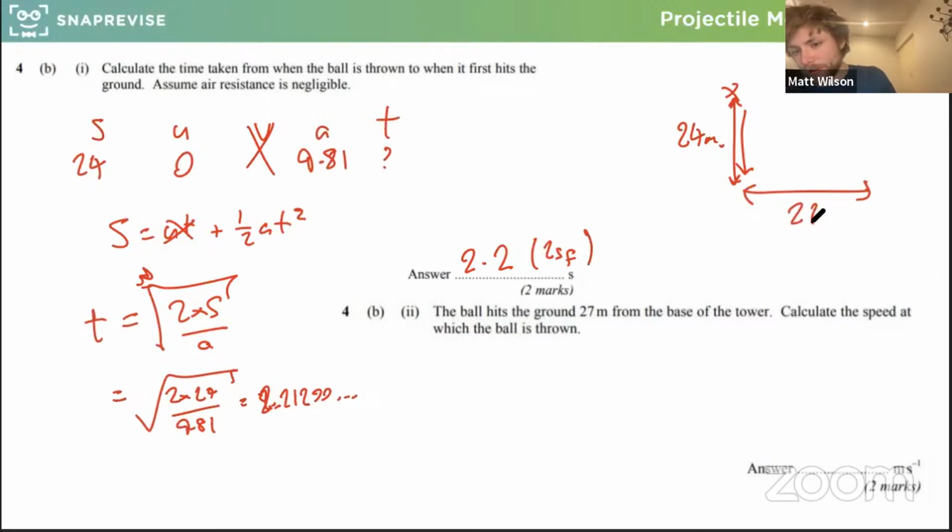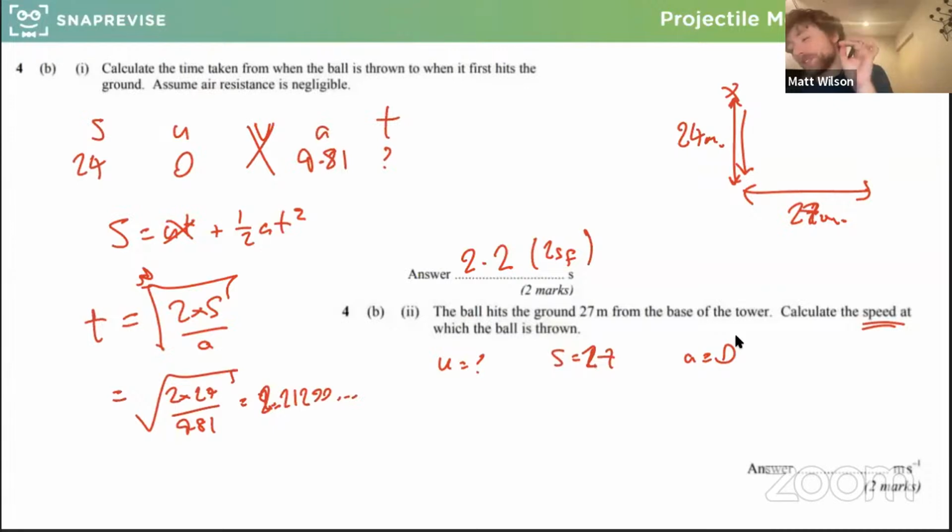This is a horizontal piece of information now, but we just figured out the time, so that's going to help us with horizontal SUVAT. They want the speed. If we look, the initial speed is the thing we want to know. The displacement is 27. The acceleration is 0 because it's horizontal.